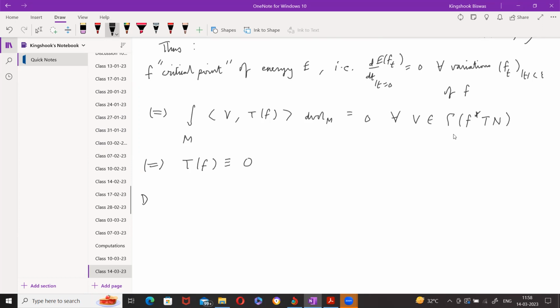Definition: F, a map between Riemannian manifolds, is a harmonic map if its tension field is identically zero. Is this clear?